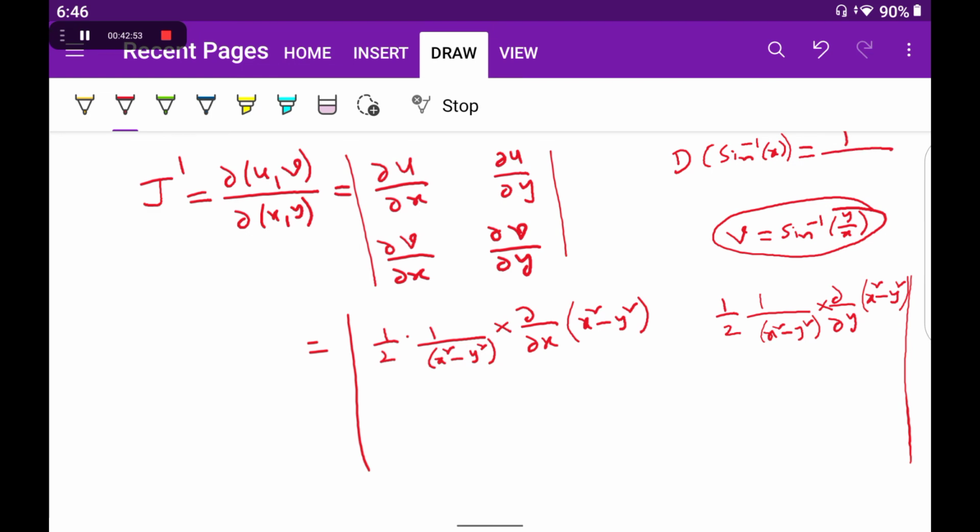This is 1 by root 1 minus x square. So sin something derivative is 1 by root 1 minus something square. Here the something is y by x.